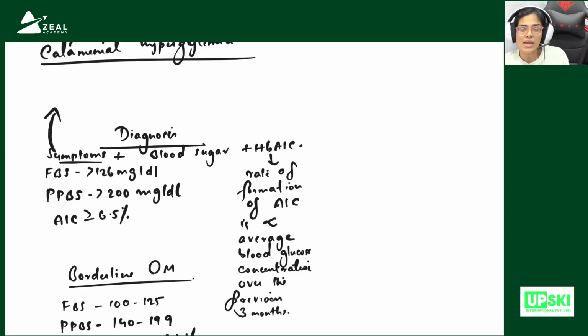So HbA1c is assessed in percentage. That shows you an idea of the glucose levels in your body over the previous 3 months. The rate of formation of A1c is proportional to the average blood glucose concentration over the previous 3 months. If it is more than 6.5, that means you have diabetes. That's in percentage. Okay.